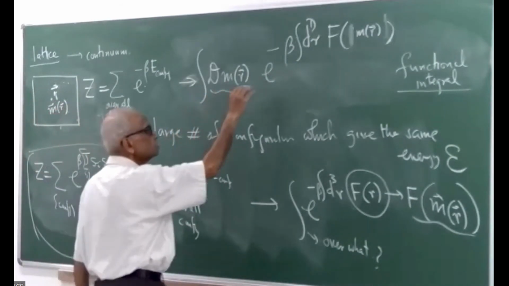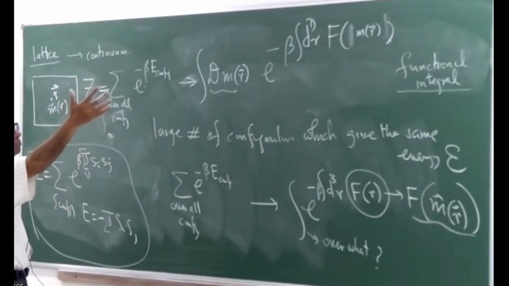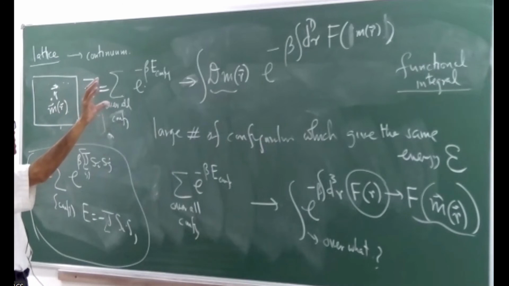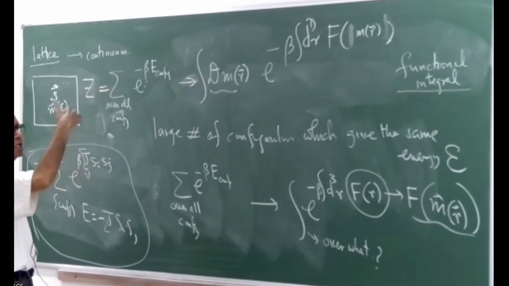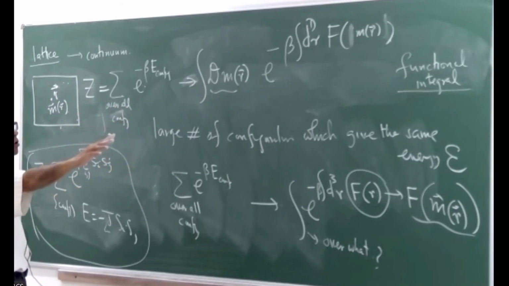So this is the number, e to the power minus that number, for a particular m of r. Then you take another function m of r, you get another number, and you have to add them all up.